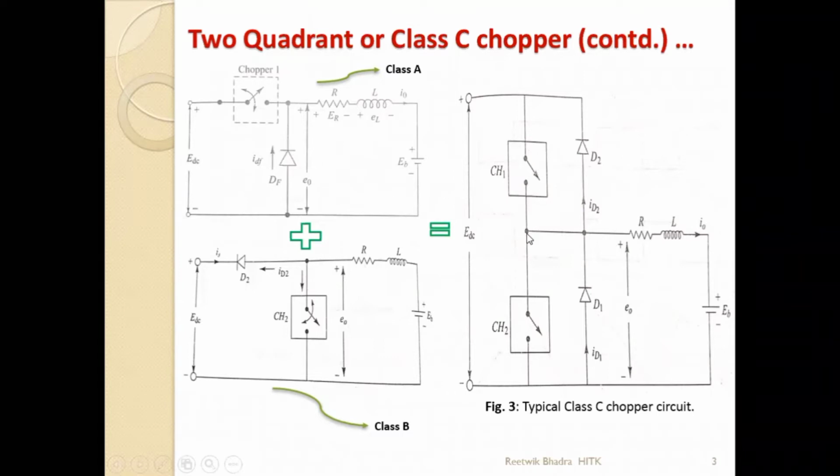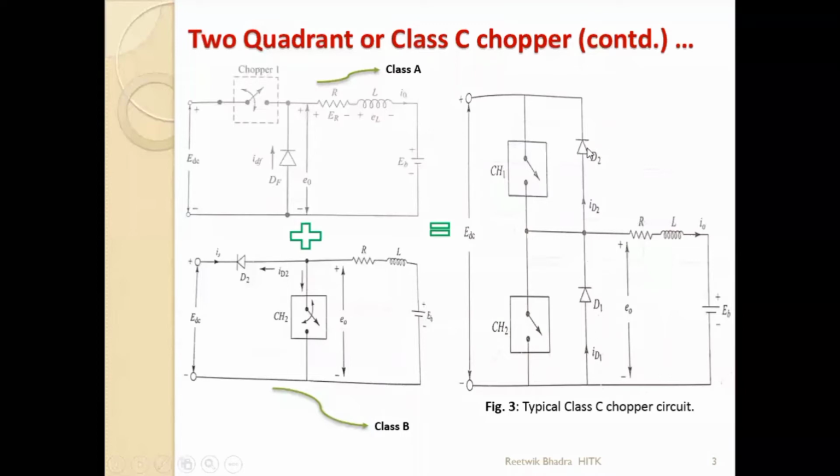So from EDC plus, CH1, RLE, to EB minus forms this part of the circuit of your class A chopper. And what is the other part? Across this RLE load, this diode DF is connected between this R point and the EB point.